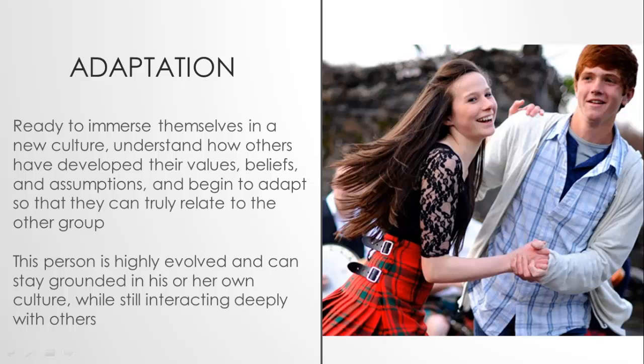People who reach this stage of intercultural sensitivity are ready to immerse themselves in a new culture, understand how others have developed their values, beliefs, and assumptions, and begin to adapt so that they can truly relate to the other group. This person is a highly evolved individual who can stay grounded in his or her own culture while still interacting deeply with others. They are skilled facilitators who can bring different groups together, solving disputes and resolving conflicts.